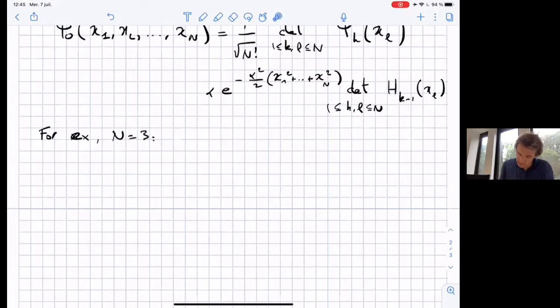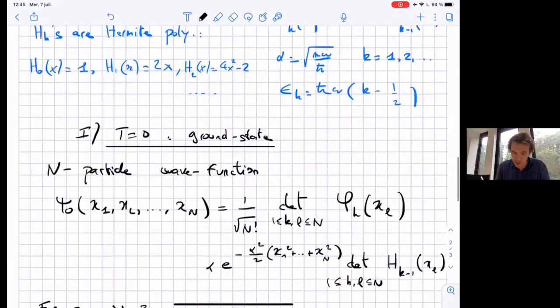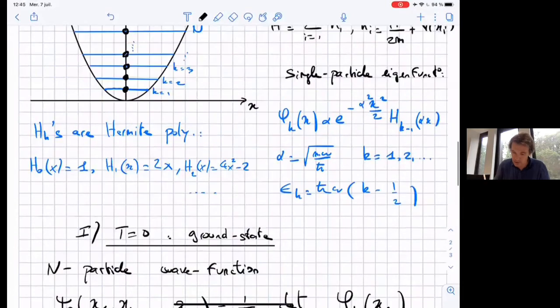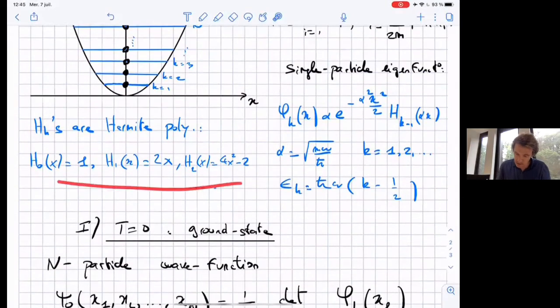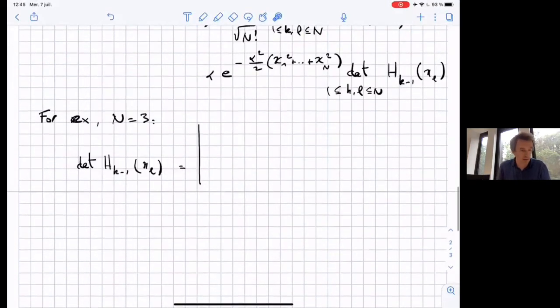And let's try to write this determinant in the case n equals 3. So what is this determinant? Well, in this case, the determinant of h_{k-1}(x_l) is just the following. So I just need now to plug in the expression of these guys that I gave here. Let me just plug it into this determinant, okay? So I will get 1, 1, 1.